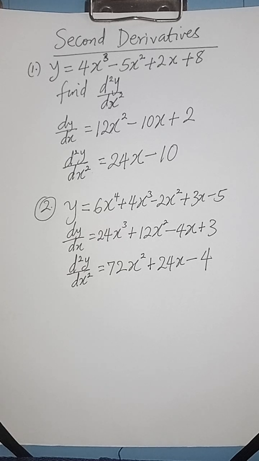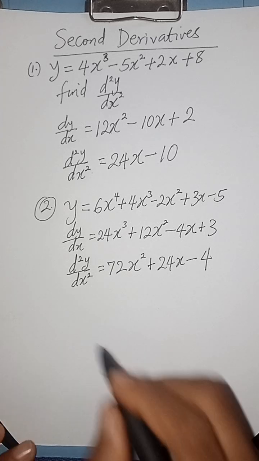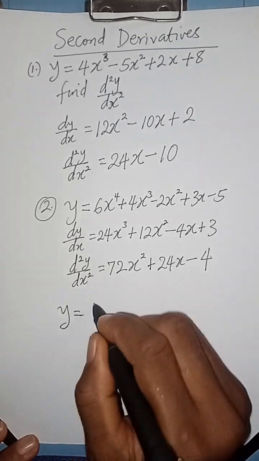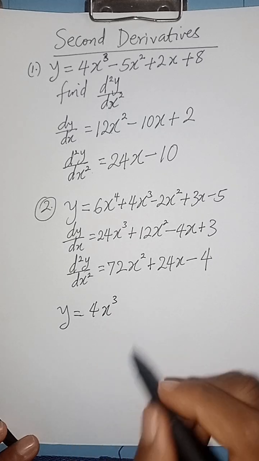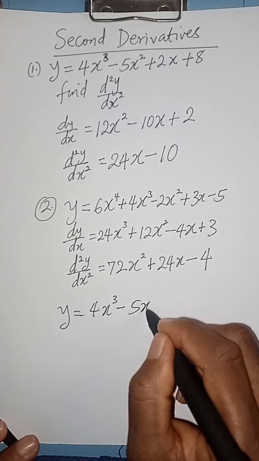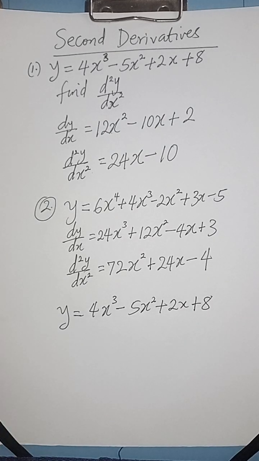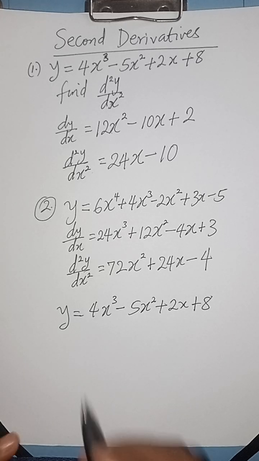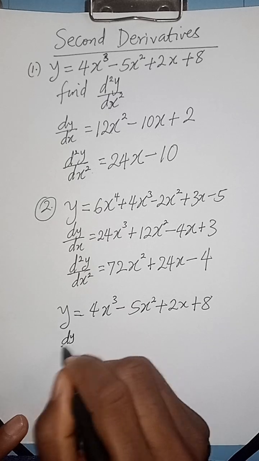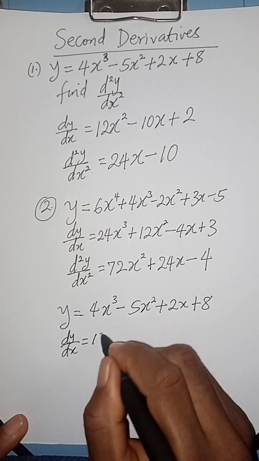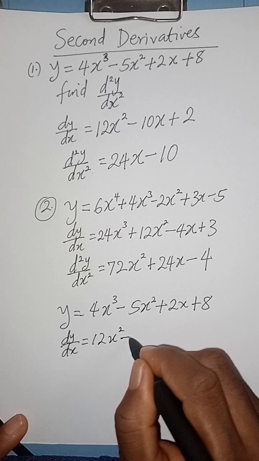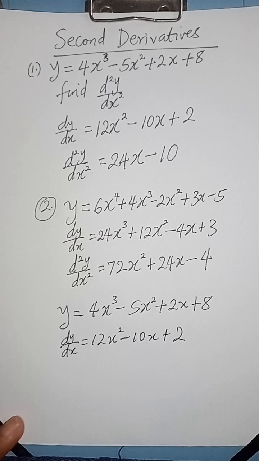Now there's something I need to show you here: another way you can represent a function. I could have, for example, y is equal to 4x cubed, that's the very first example, minus 5x squared plus 2x plus 8. If I differentiate this, I will have dy/dx equal to 12x squared minus 10x plus 2.